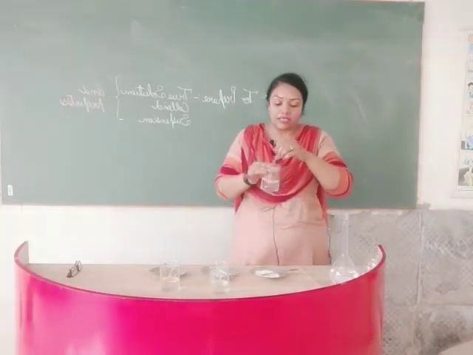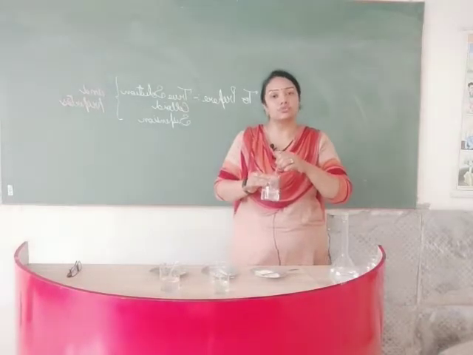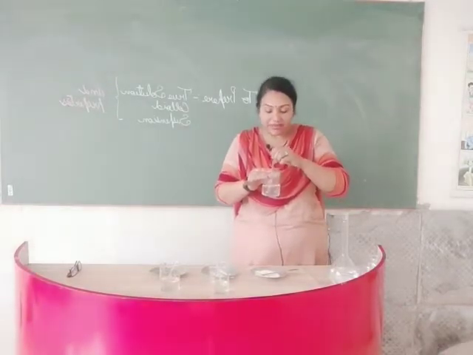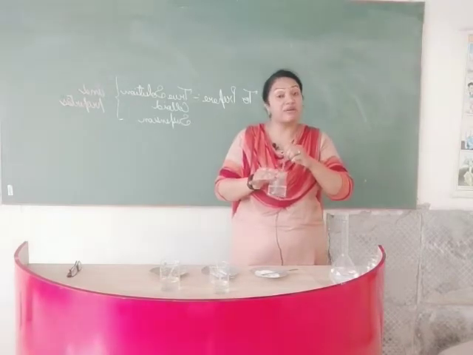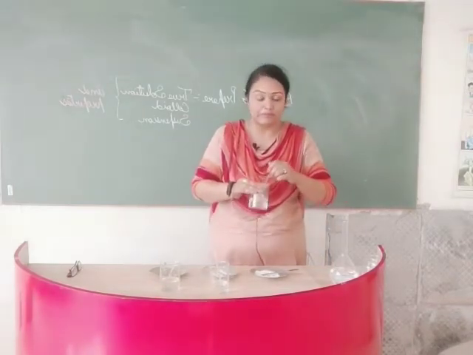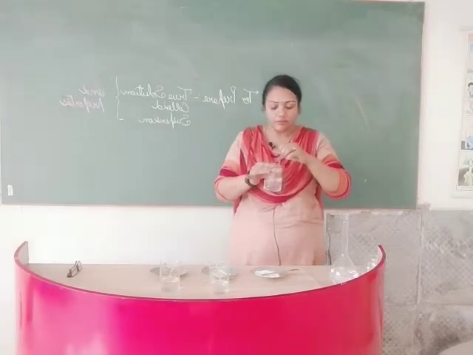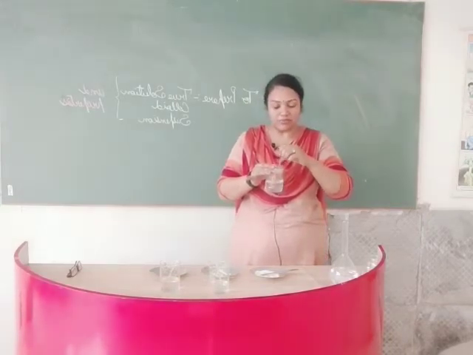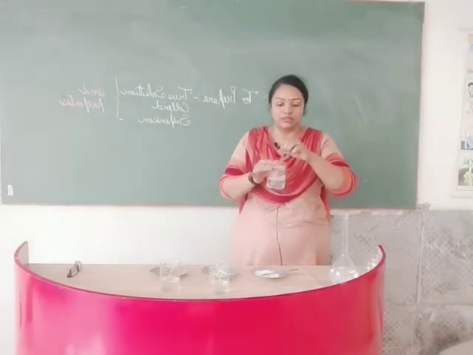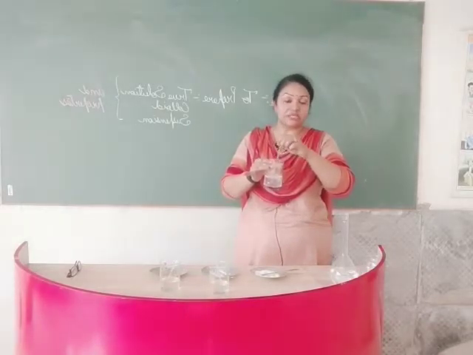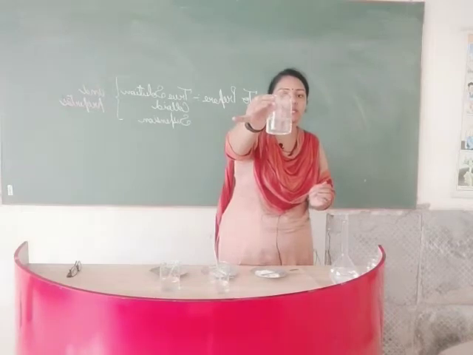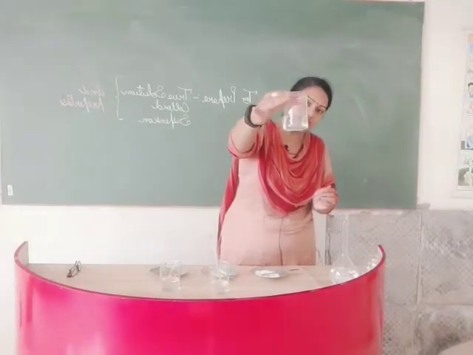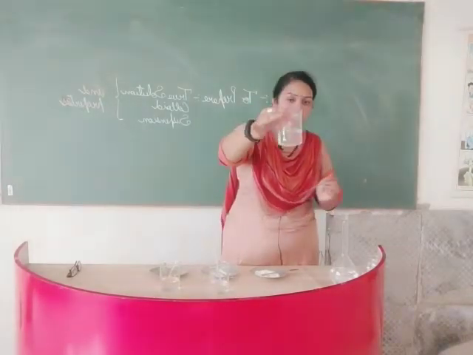Because the particle size is so small that it completely arranges itself into the spaces between the particles of water. That is why completely sugar particles are going to arrange themselves into the spaces of water particles. Now as you can see, we have this completely transparent solution.